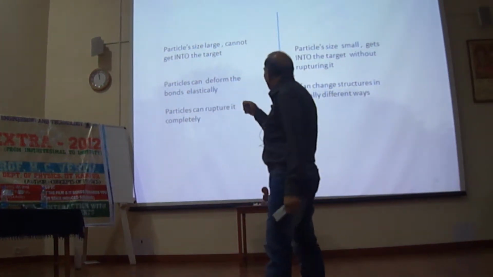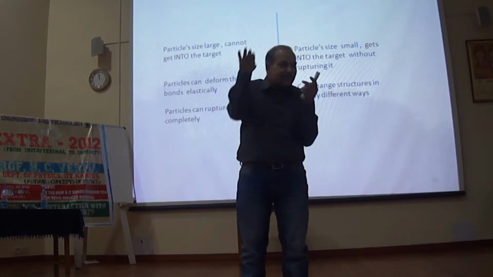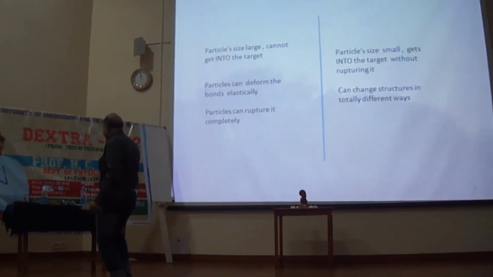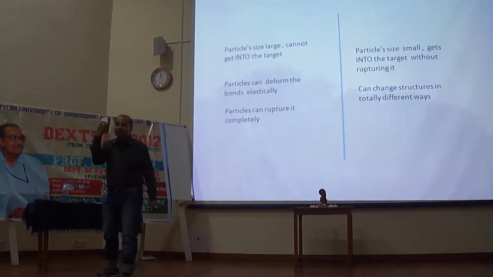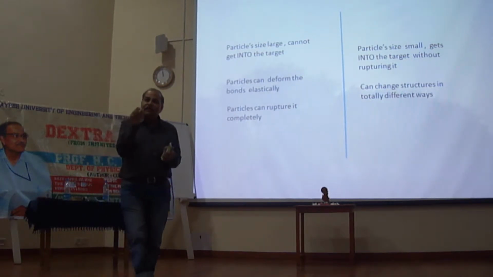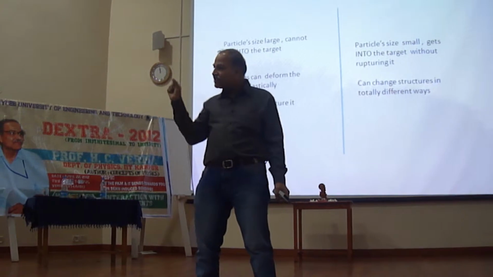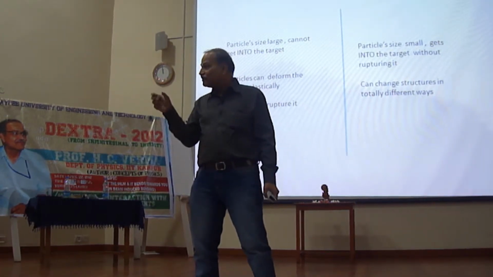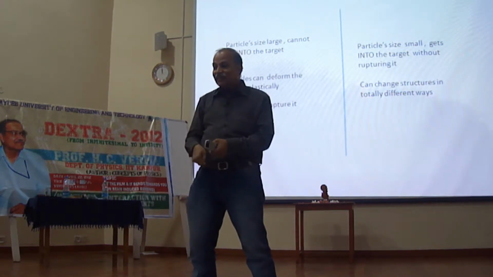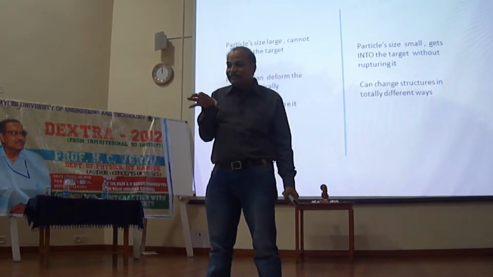It cannot go into the target material, because in this aluminium plate here, the aluminium nuclei are at a separation of a few angstroms. And this steel ball is 5 millimeters, so it just cannot enter. You don't have space where it can go. Therefore, it can deform the bond elastically.